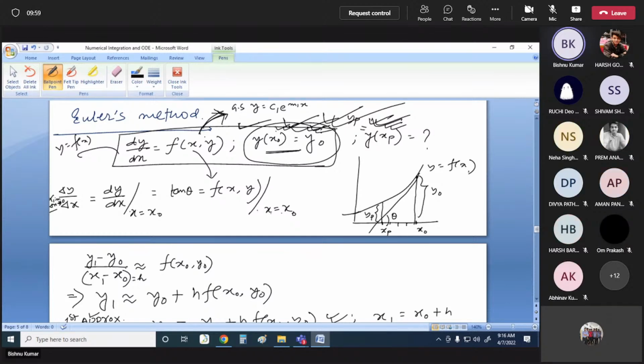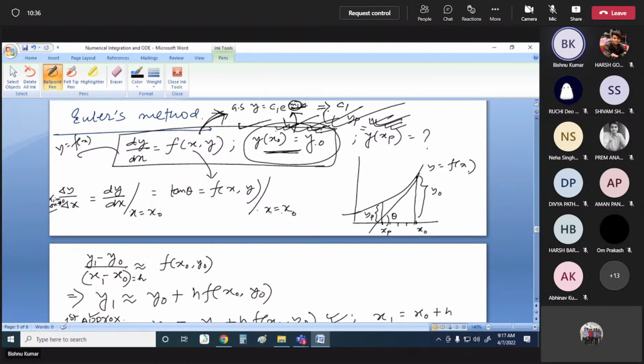Among the system of curves, suppose you have one condition, x0, y0, given. If you put that condition in this general solution, at x0 you will get y0. From there you will get the arbitrary constant, suppose c1. And m1 is the root of the auxiliary equation, so that is a numerical value, not an arbitrary constant.